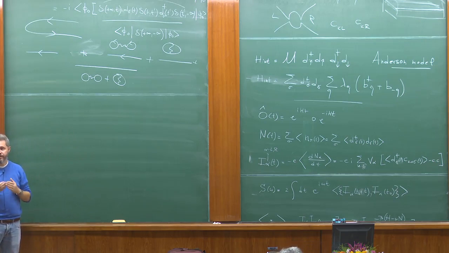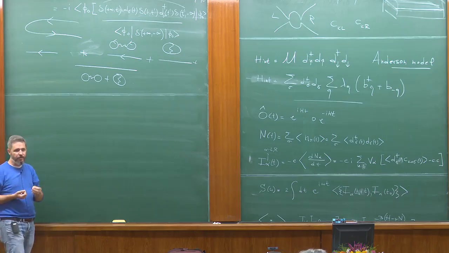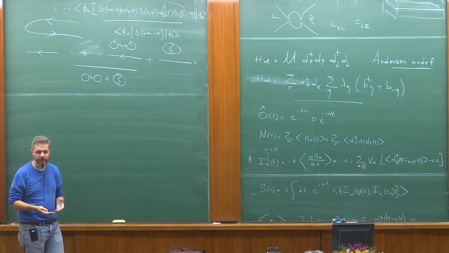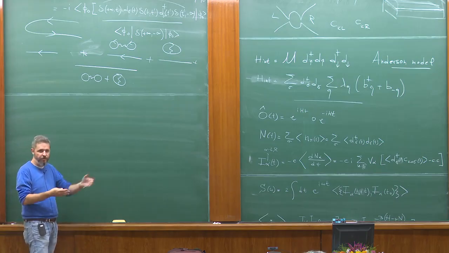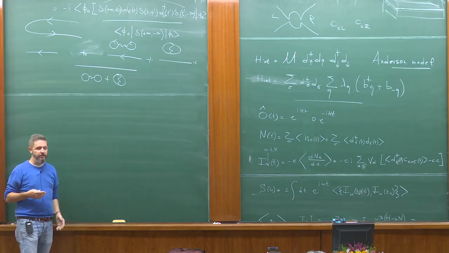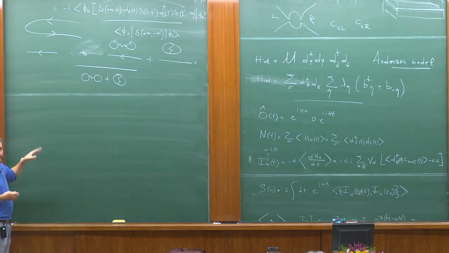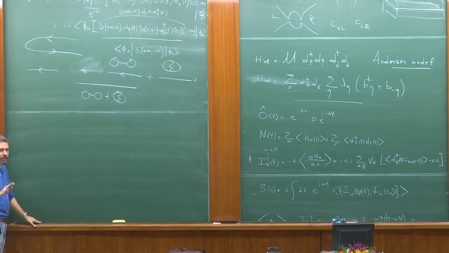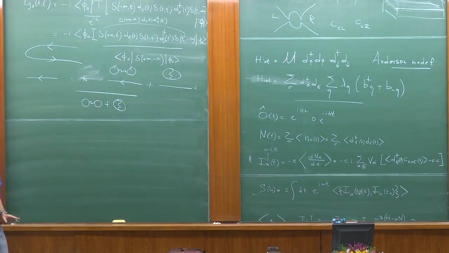When you solve differential equations, typically, you give an initial condition when you solve for the dynamics. When you solve some kinetic equation, you give an initial condition. You refer only to the initial time. You don't know what is going on at the end, right? So same story here. We refer only to what is going on at the beginning, but not at the end of our evolution. That we can do only in thermal equilibrium or at zero temperature.